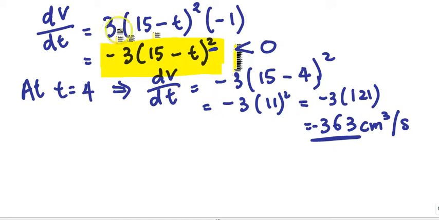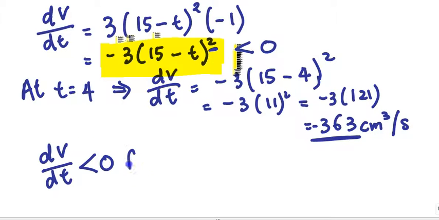And by intuition, this makes sense because it shows that the volume of water is always decreasing. It is the case because the question says that the water is leaking out of the tank. So in actual fact, dv over dt is less than 0 for the range that is stated, t from 0 to 15.